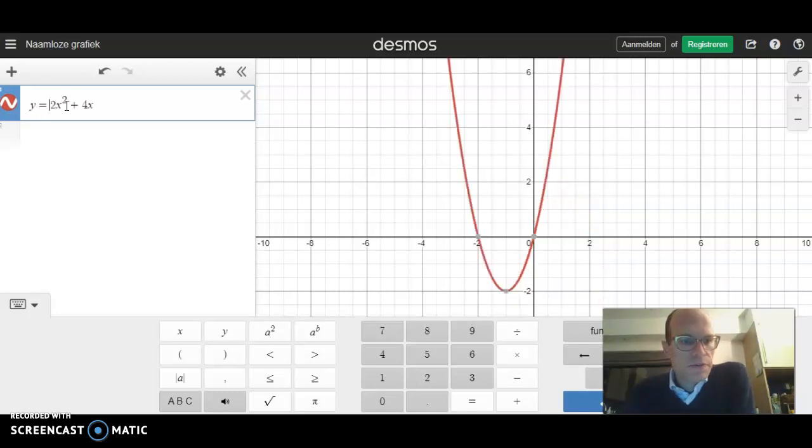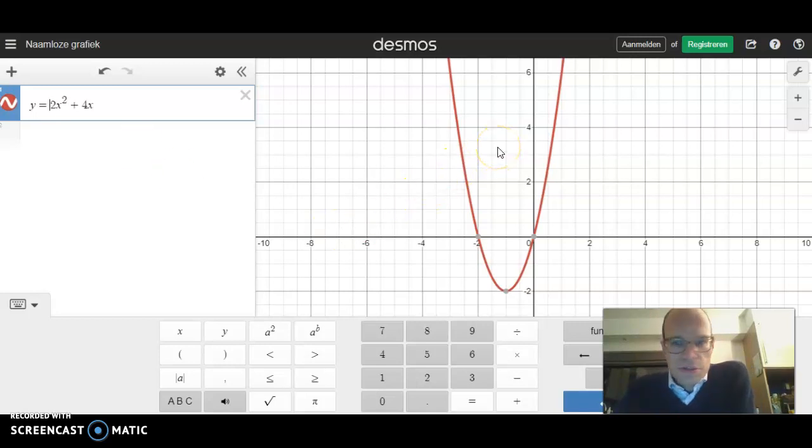A positive number in front of the x squared is a happy parabola, so an upwards facing parabola. So we had upwards and downwards facing parabolas. That with the sad and the happy is not in your book. It's a way to remind yourself what it is, and you need to see the movie.